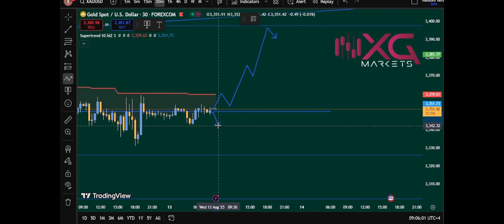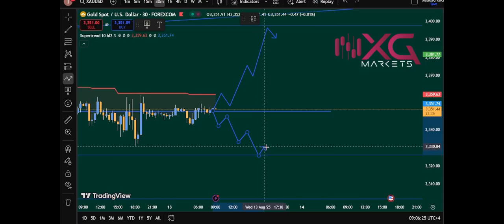And after that, on the retest, if it fails on the resistance and comes down again, then we have got the 3330 mark. Now, this is a very special mark again for today. Please make a note of that. And that is when you have a very strong support of 3325, which there is a possibility today it might reach if it is going downwards, right?